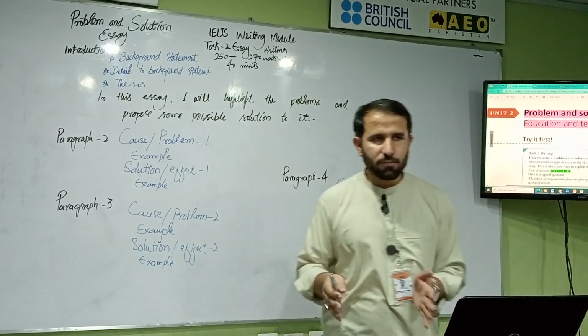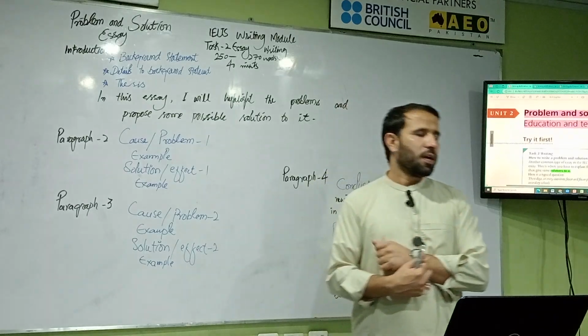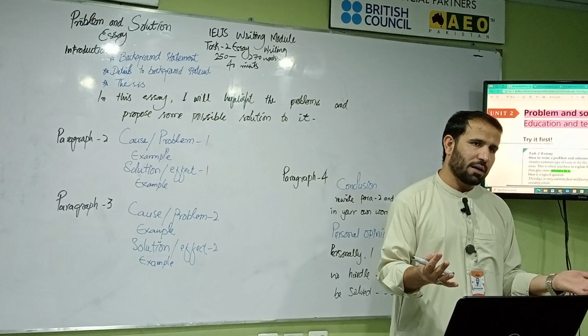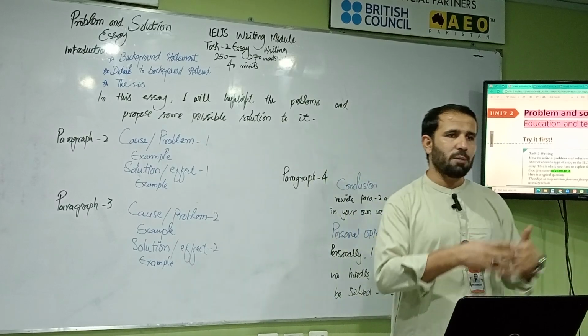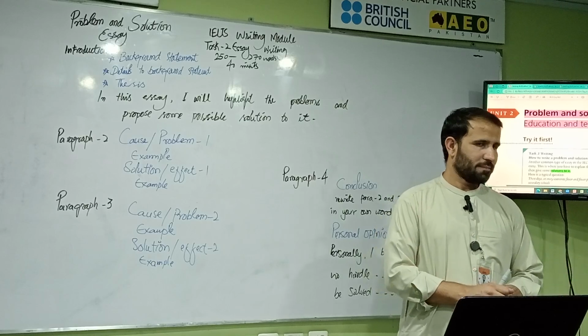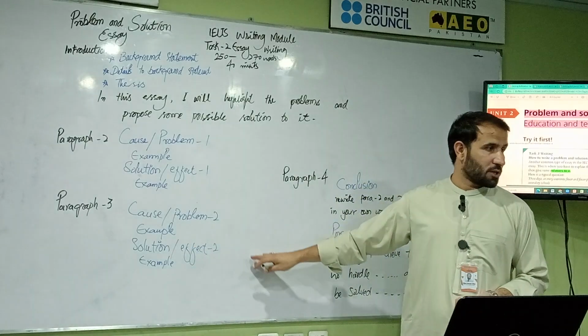If a person sits in the bus, traveling from one place to another, he or she can read online, order online, and do some other activities online. So this was the third paragraph that I mentioned.